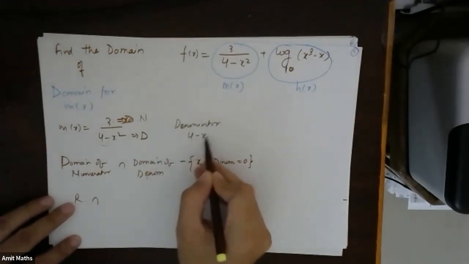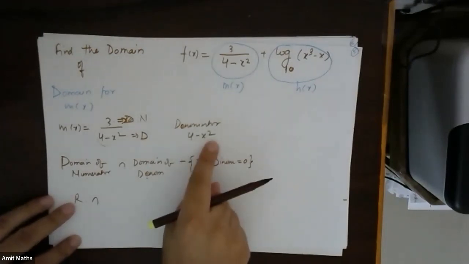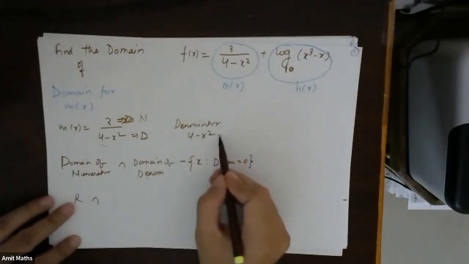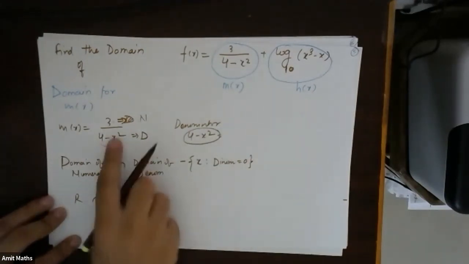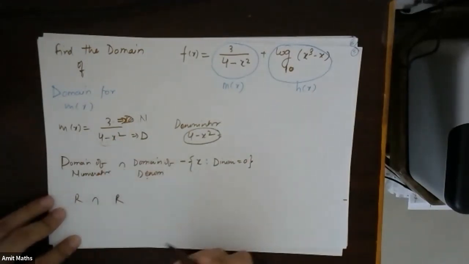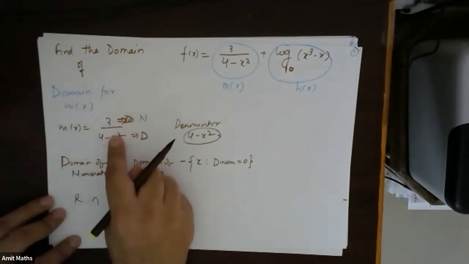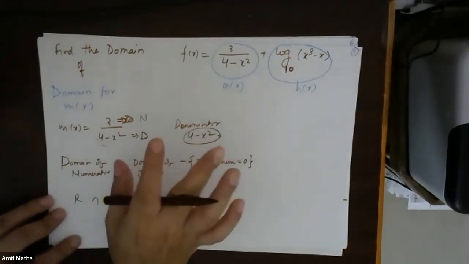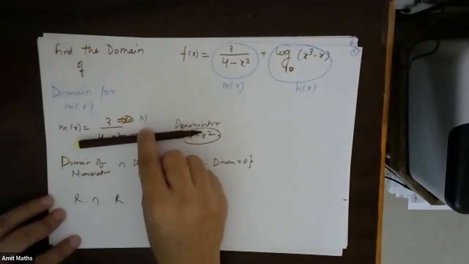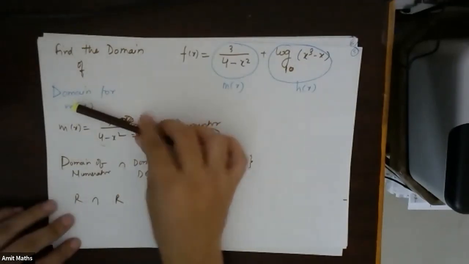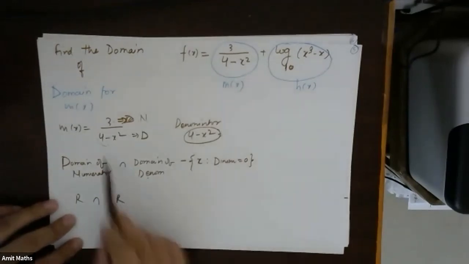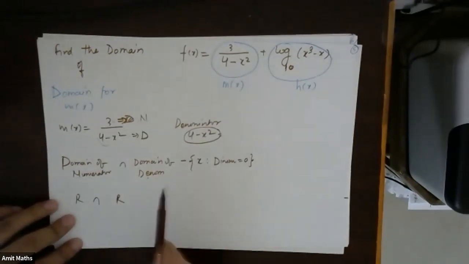This is a quadratic expression. The domain of any quadratic expression is real numbers. So for the denominator also it is real numbers. For these two, we do not have any problem individually. But we will have a problem with 4 minus x square when it is divided.